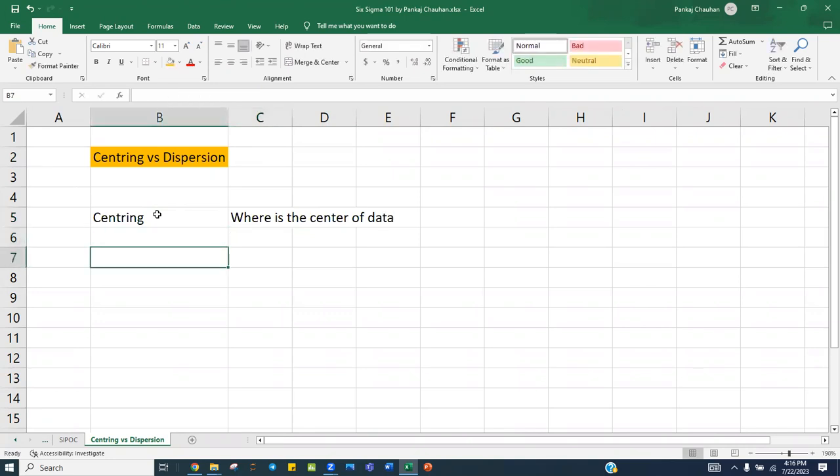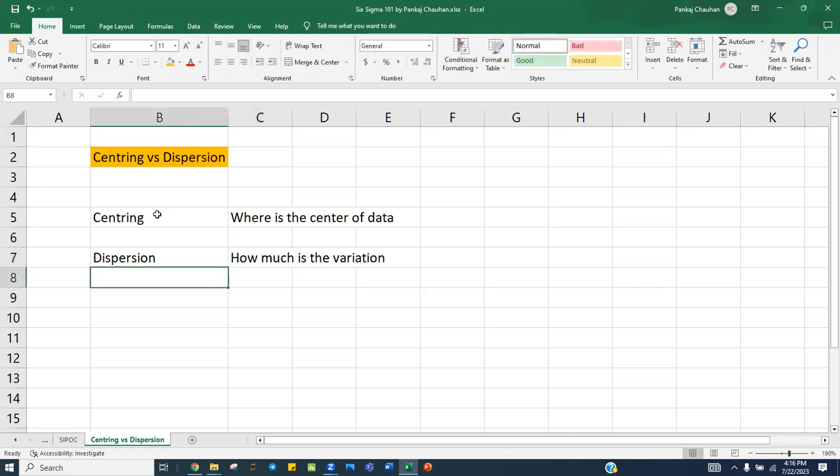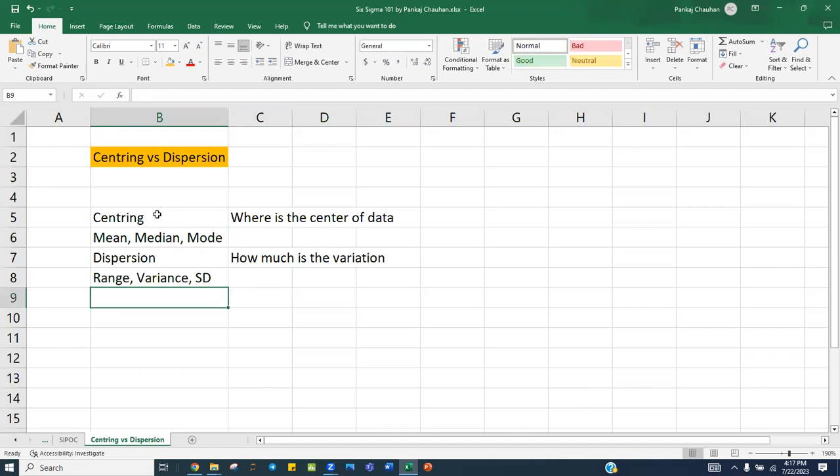And dispersion tells how much variation there is in whatever data you are dealing with. The centering process we measure with respect to the mean, median, and mode. And dispersion generally we measure in the form of range and variance or standard deviation. This is the way we measure.